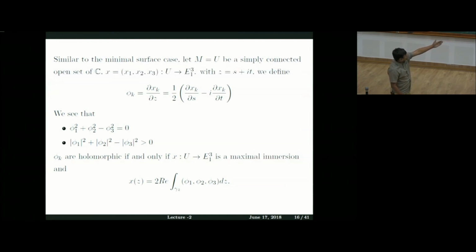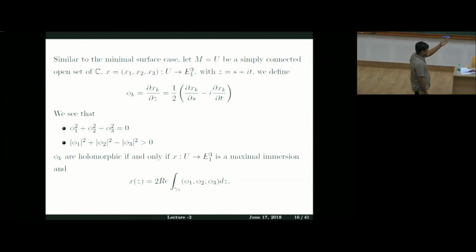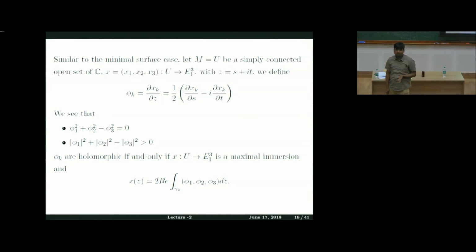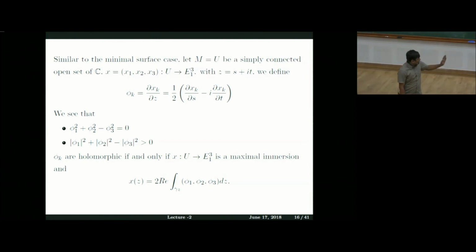You have x equal to (x1, x2, x3). We define, similarly, because these are operators, del by del z of xk in this way, and then because of the mean curvature condition, you will see that this is equal to 0, and this is greater than 0. And again, the first condition is because of isothermality.